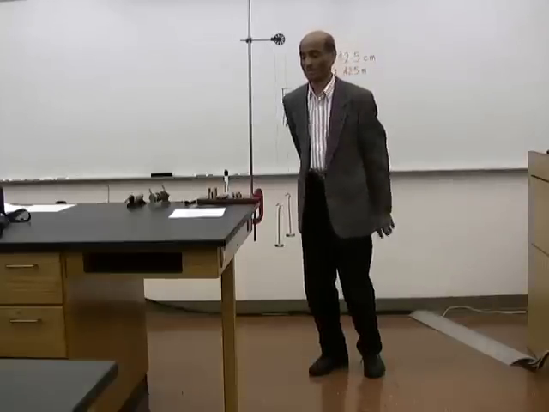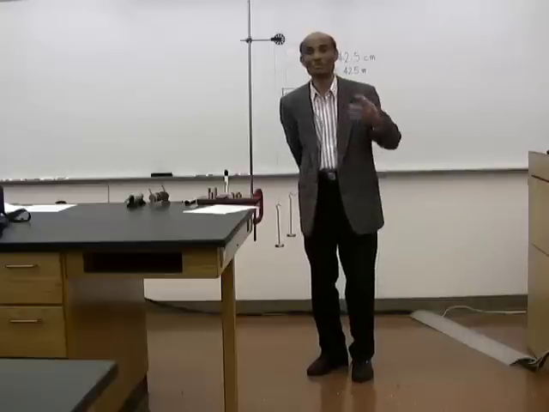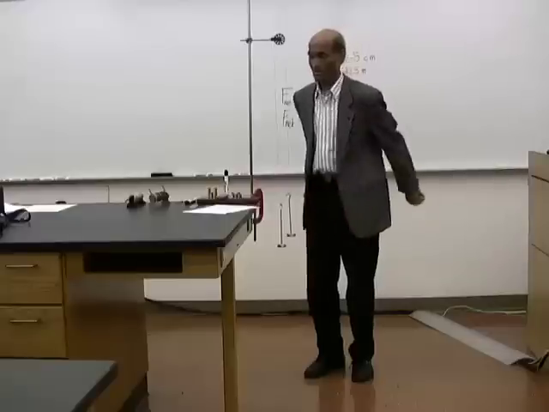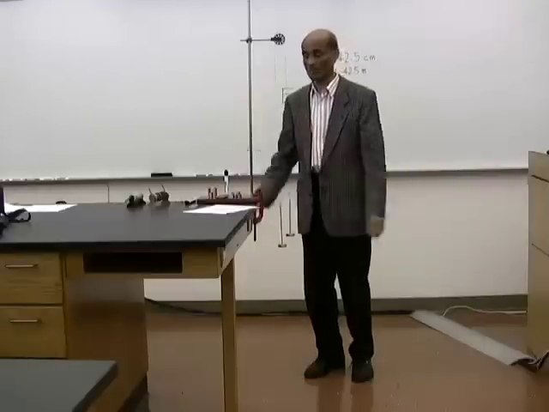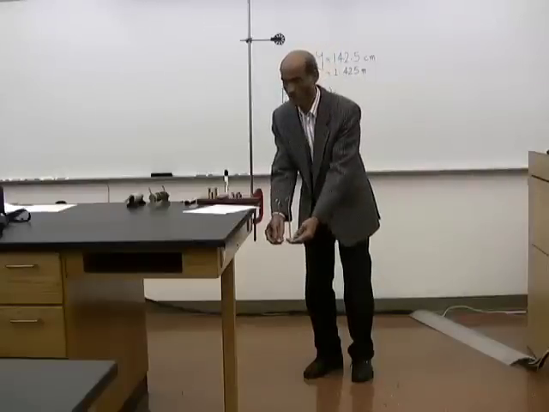Let's look at the method of the experiment. Before you start the experiment, read the manual completely. The method says to set up the system with M1 equal to M2 equal to 100 gram.